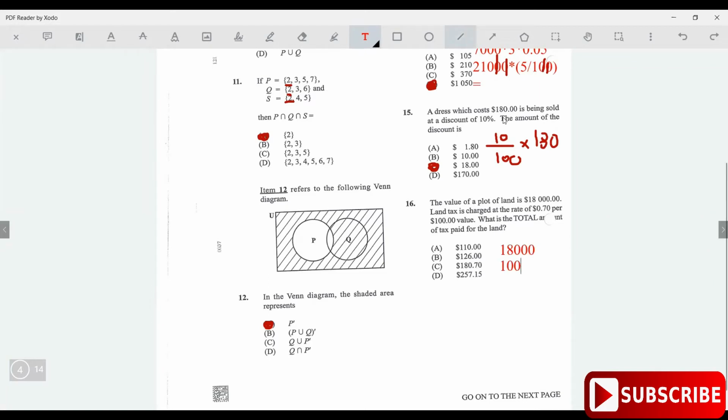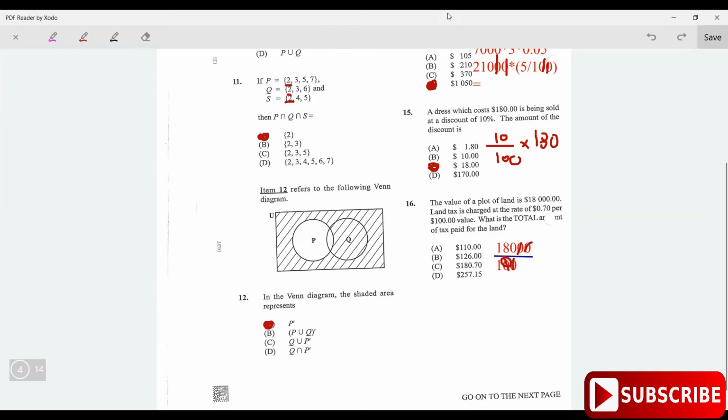That's your first step. When you divide 18,000 by 100, this 0 cancels this, this 0 cancels this. So you get 180. So now you're going to multiply 180 times 0.7.